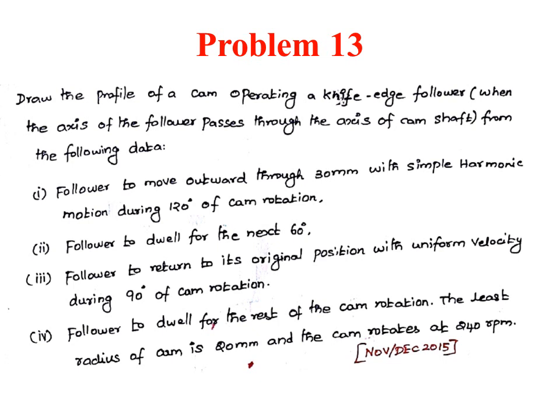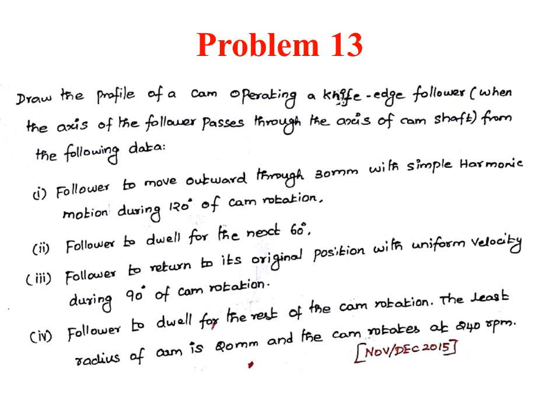Now coming to the next problem, problem number 13. Draw the profile of a cam operating a knife edge follower when the axis of the follower passes through the axis of the camshaft, from the following data. Follower to move outward through 30 mm with simple harmonic motion during 120 degrees of cam rotation.